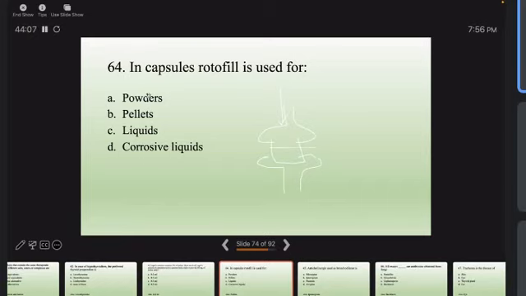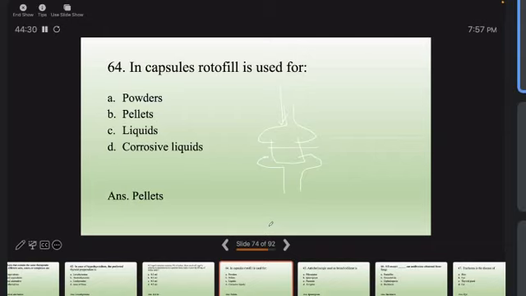In case of powders, it may move away. Liquids, again, this is not the right technique, so it is always pellet. Something which is semi-solid in nature, which contains a little moisture, rotofill is used. So the answer here is pellets.